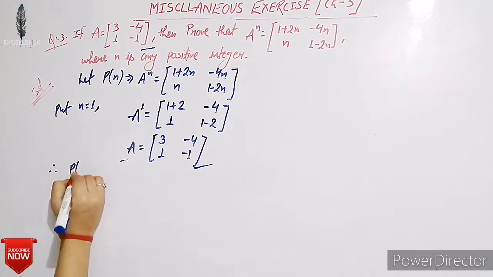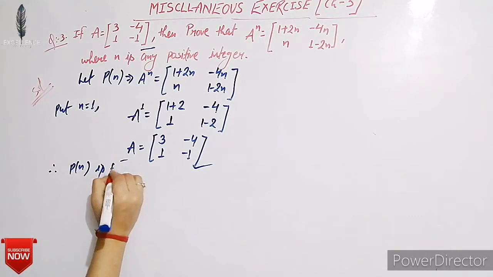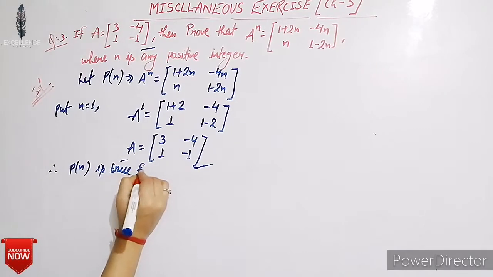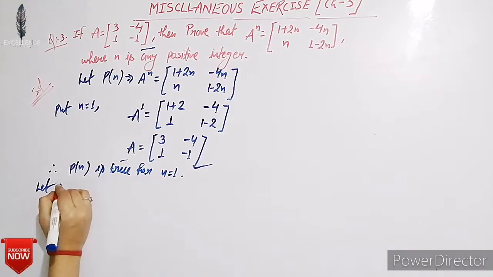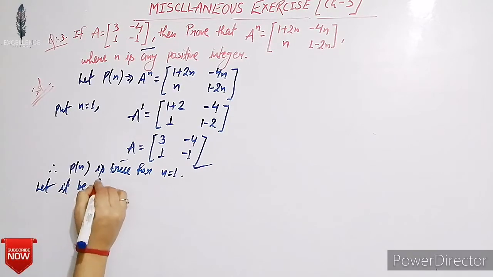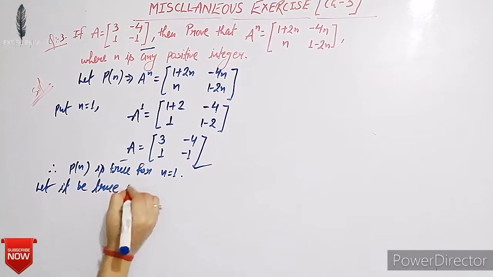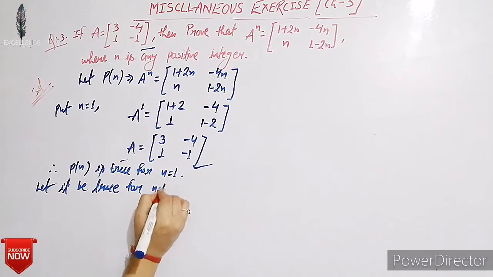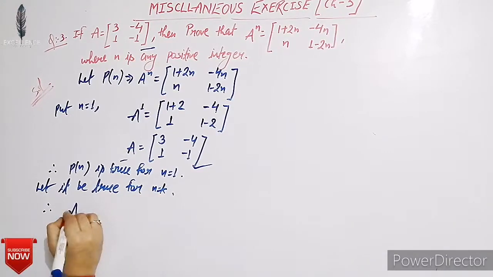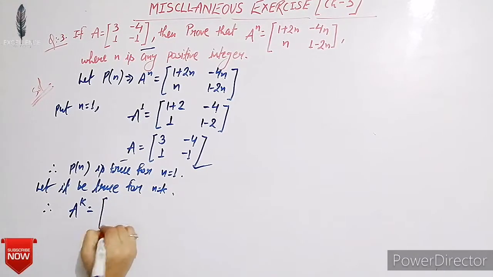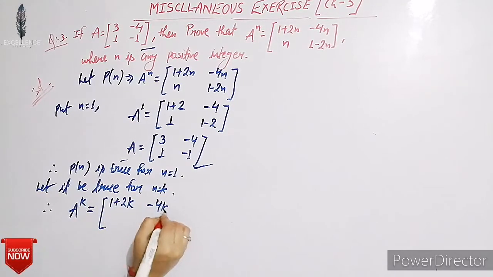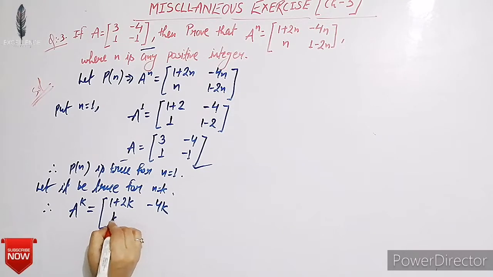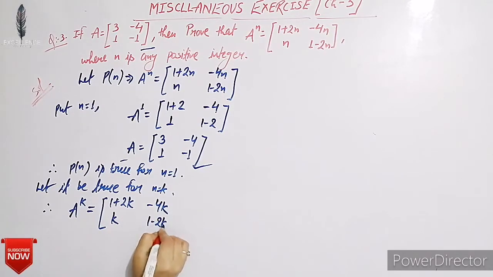So P of n is true for n equals 1. Now let P of n be true for n equals k. So A raised to k is equal to [1 plus 2k, minus 4k; k, 1 minus 2k].